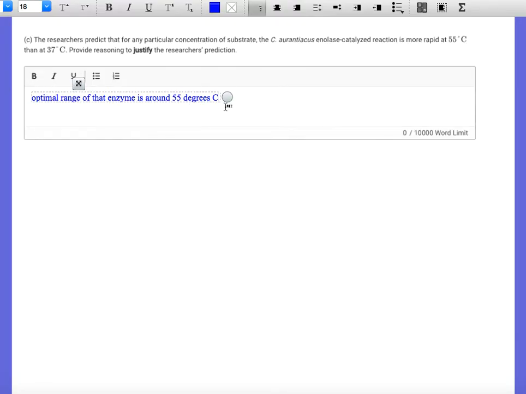And if it's talking about provide reasoning to justify, so natural selection would select for an enzyme that is optimal for the environment.